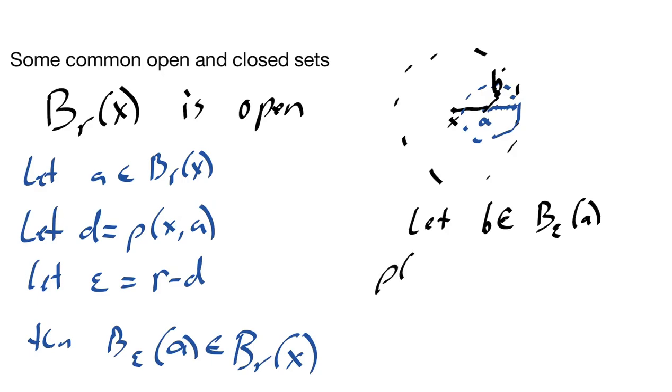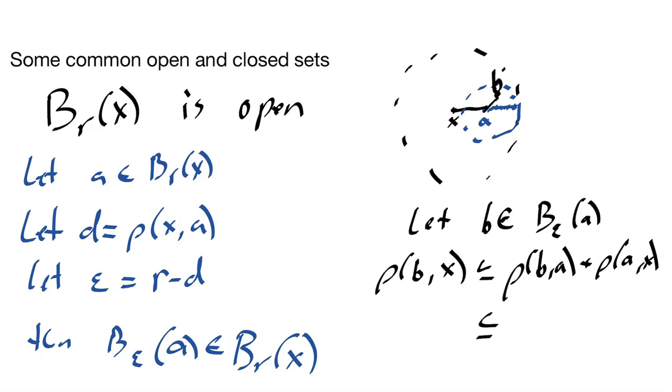The distance from B to X is less than or equal to the distance from B to A plus the distance from A to X, but this is less than r minus d plus d, which is equal to r.